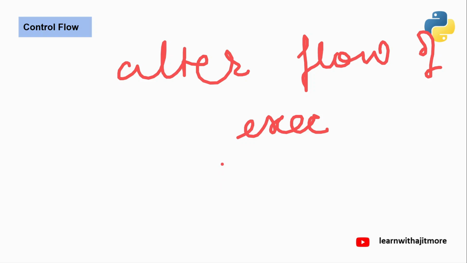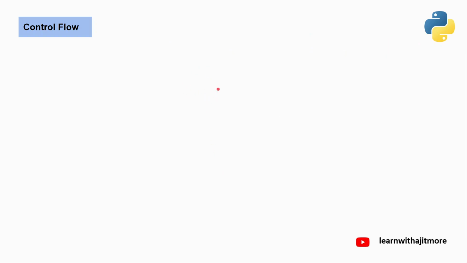Sometimes you have to take a decision and based on that the flow will be changed. You check the condition, and if the condition is true, some flow is there. If it is false, some other flow is there. So here it is not strictly sequential; it is decided based on the condition.